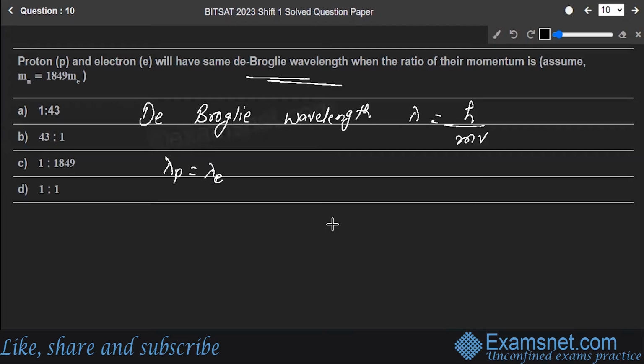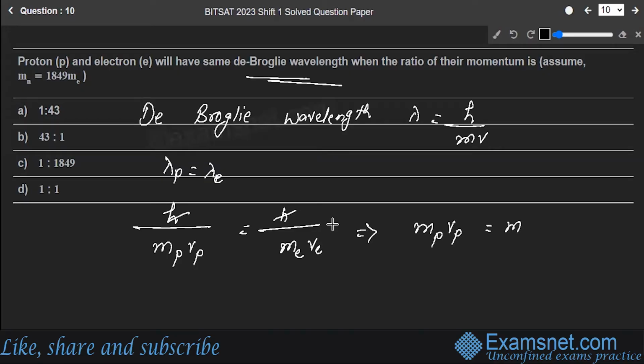So this will give me h, that is Planck's constant, upon mp vp is equal to h upon me ve, which means mp into vp is equal to me into ve.